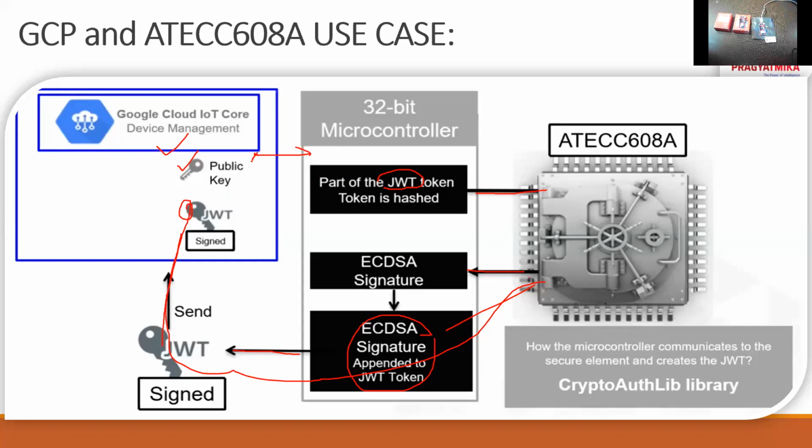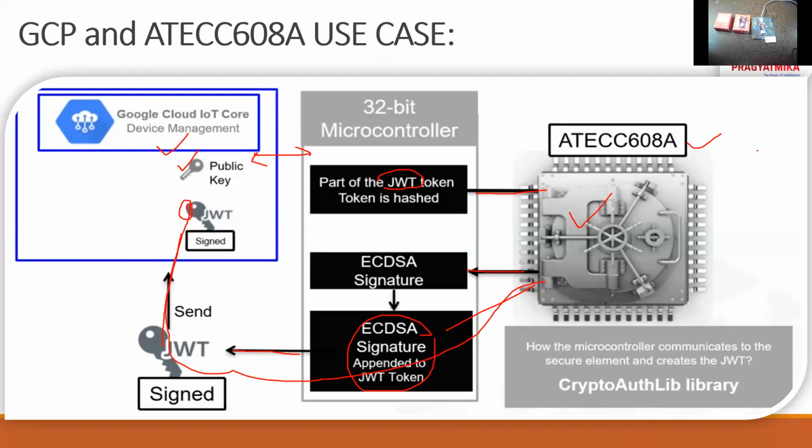So the initial authentication is done by the ATECC device, and thereafter it remains a secured communication between your controller and the cloud. For this purpose, we have crypto authentication libraries, and this library is implemented for this ATECC device itself.